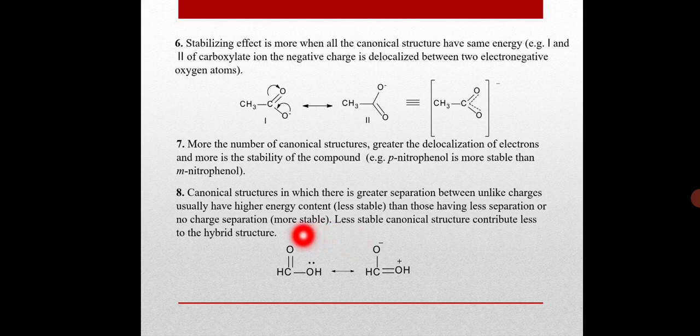So formic acid can be represented by this structure, and also by this structure, but of course this structure contributes less to the hybrid structure because there is separation of charges, whereas in this structure there is no separation of charge. So this structure will contribute more to the resonance hybrid structure. This is less stable and this is more stable.